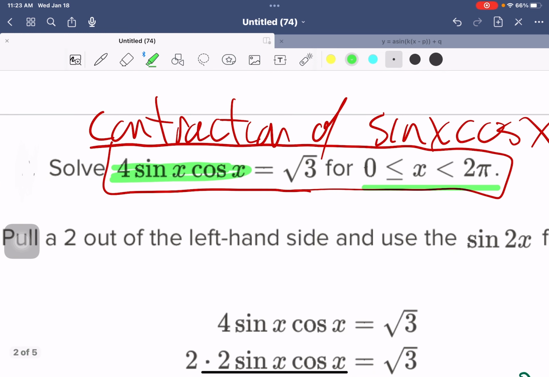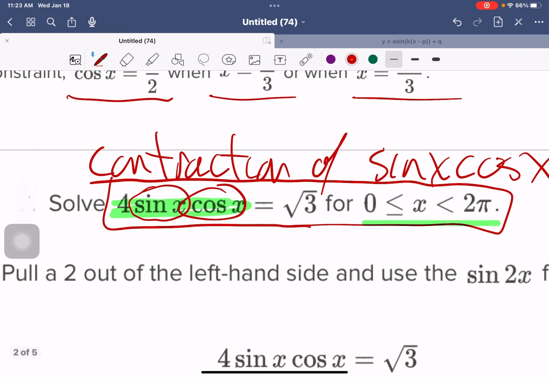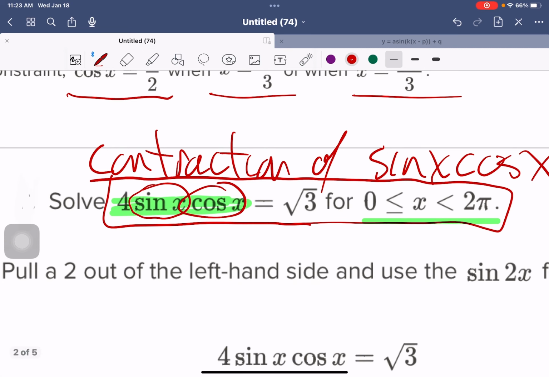Okay, so here we go. What's the problem here? Well, I've got 2 different trig ratios in the same equation, right? Those are kind of like having different variables. So it's kind of like 4ab equals root 3, right? If I have 4ab equals root 3, I've got 2 unknowns in one equation.